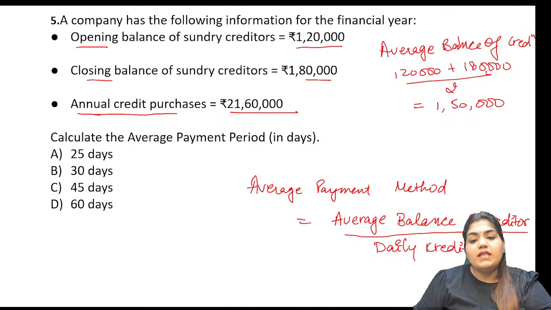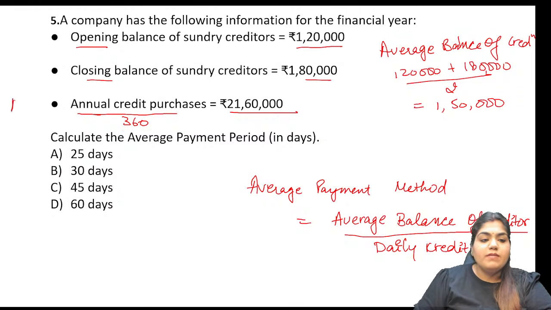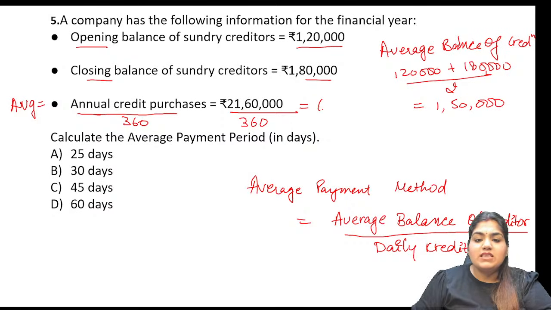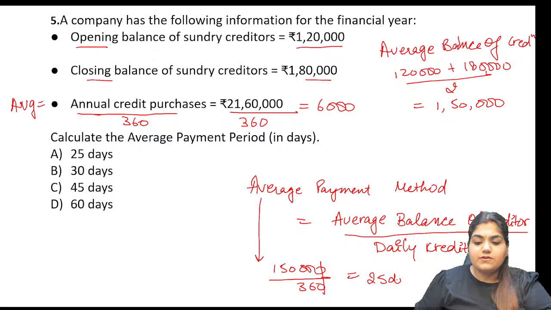We'll divide this by 360. 21,60,000 divided by 360 will give us 6,000. So the average payment period is 1,50,000 upon 6,000. That will give us 25 days. Okay? Is this clear to everybody? The answer is 25 days.